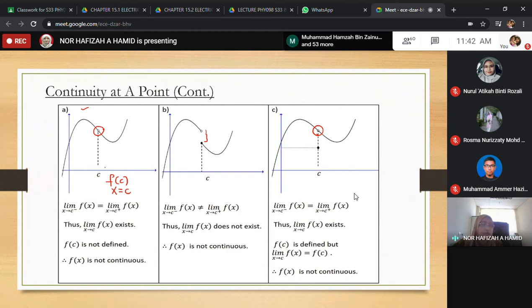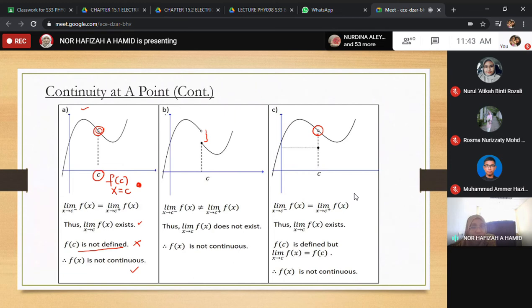Okay, so kalau you tengok kat sini, when x equal to c, dia tak ada yang dense circle. So dia semua include empty circle. So kalau empty circle means that f(c) dia does not define lah. Sebab tu the state kat sini f(c) is not defined. So one condition dah tak satisfy, so automatic f(x) is not continuous. Even limit dia exist.